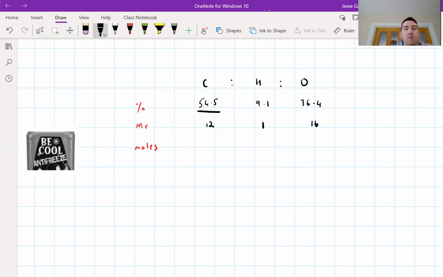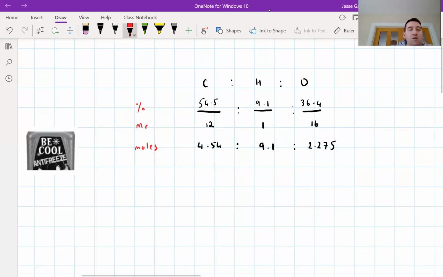We take our percentage in each case and we divide by the MR, and that will give us moles. So when we do that for the first one, that is going to give us 4.54. So the 4.54 moles of carbon is to 9.1 moles of hydrogen is to 2.275 moles of oxygen.